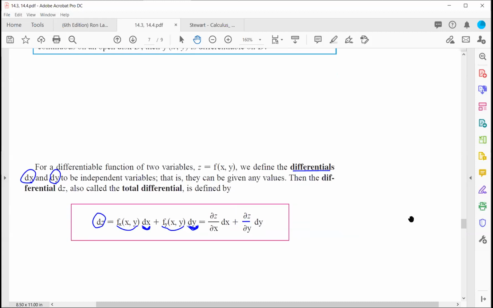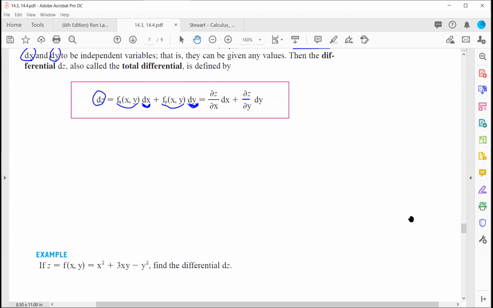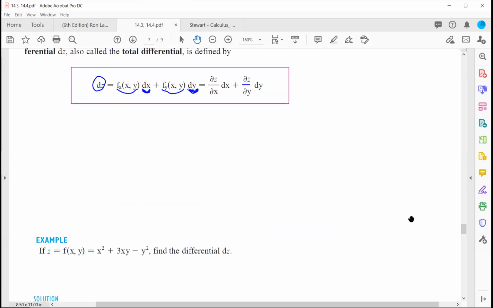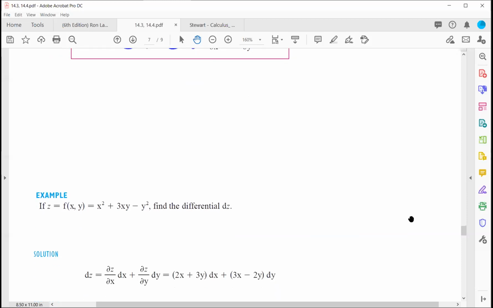For example, suppose you have a function z equals f of x and y, x squared plus 3xy minus y squared. The question says find the total differential of this function. Very well, we have to take the partial derivative of f with respect to x, so f sub x. When you're taking the partial derivative with respect to x, it means that y is just a constant, so you get 2x plus 3y minus 0.